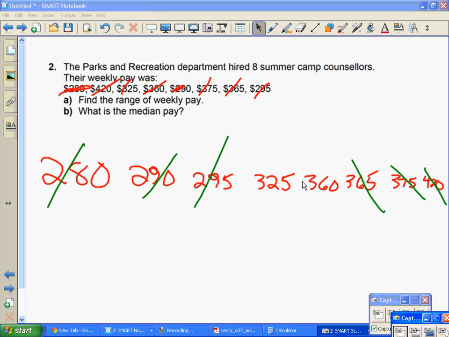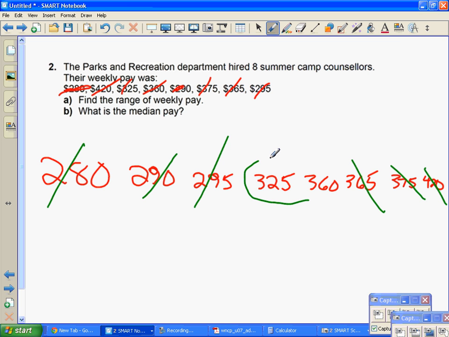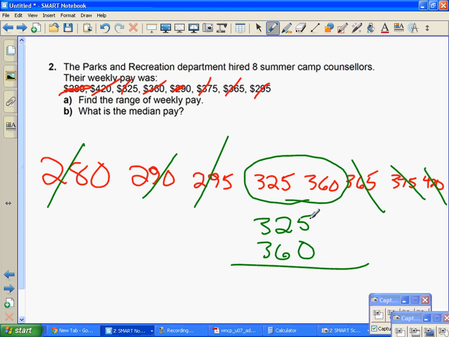So there is no middle number because we have 8 of them, so we really can't find the middle of that one.